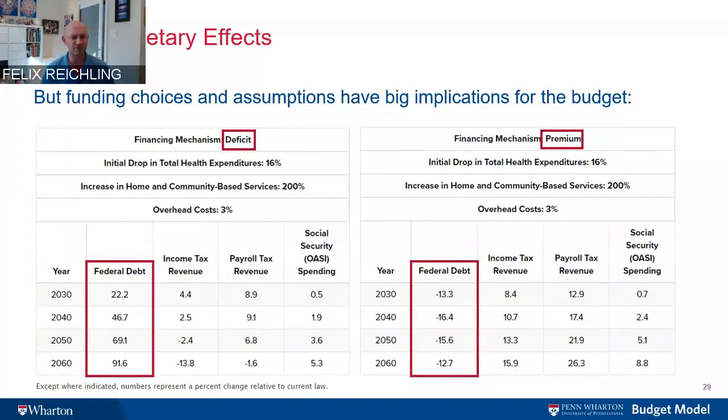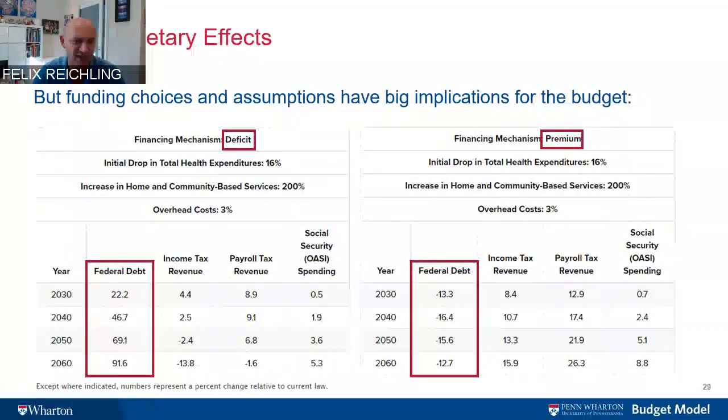So to put that number into perspective, right now private health insurance has an overhead cost of roughly 15%, which is also the max allowed under the Affordable Care Act. Medicare and Medicaid have slightly lower overhead cost of 9% and 7%.